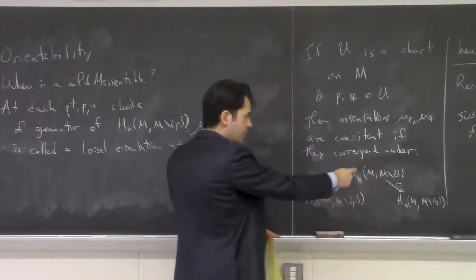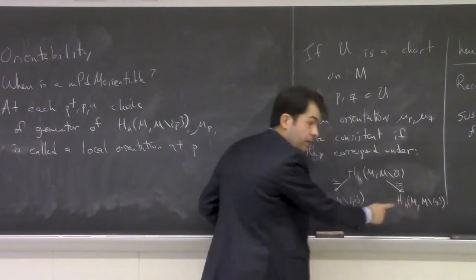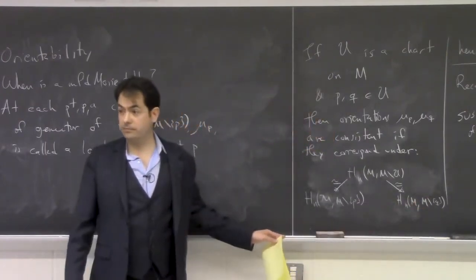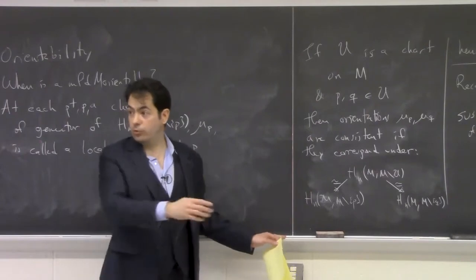So if a generator here chooses a generator here, chooses a generator here, they're going to be consistent if you get the same one, right? If mu P goes to mu Q.